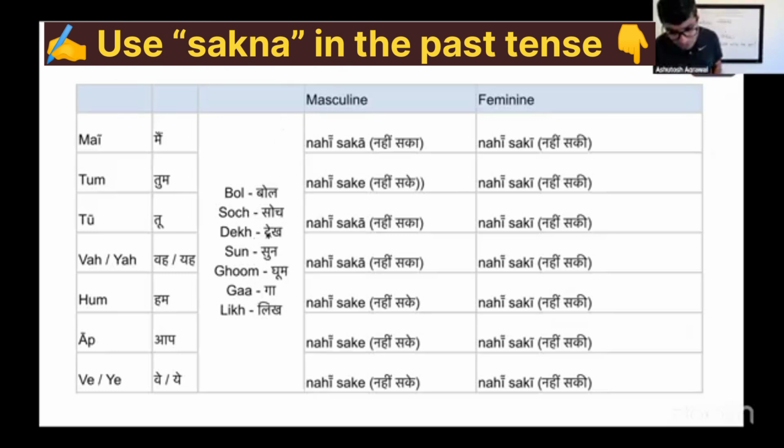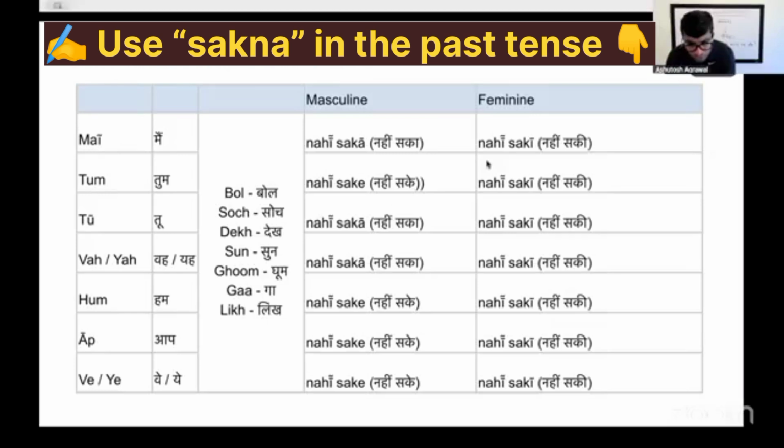Any other questions before I spend some time on this table? I want you to read it as well. We'll start with simple. I want you to make a sentence and then tell me the situation in which you will use it. Okay, मैं हिंदी बोल नहीं सका और मैं हिंदी नहीं बोल सकी. Okay, beautiful, right?